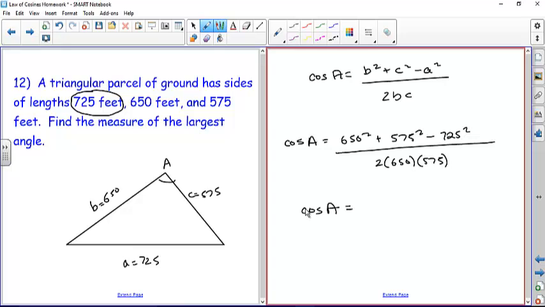Plug those in the calculator. 650 squared plus 575 squared minus 725 squared. That's the numerator. And you can divide by these three things. You can do it individually because they're just multiplied in the denominator. So I get 0.304. And so A is the inverse cosine of 0.304.